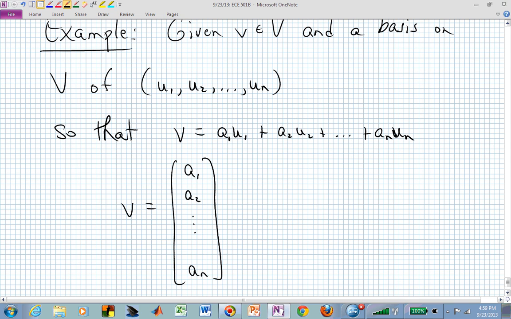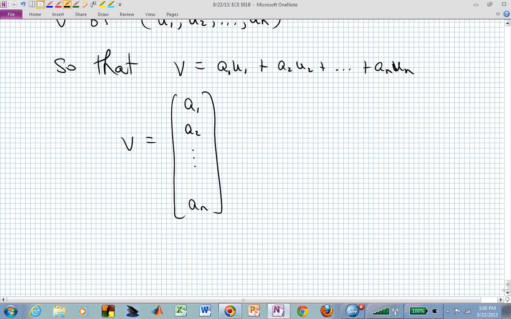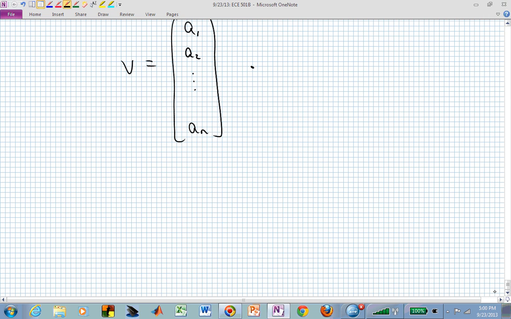That's the amount of U1 that's making up V. A sub 2 is the amount of U2 that's making up V. Now we can talk about forming not just a matrix, but now a matrix vector product. And here's the proposition.